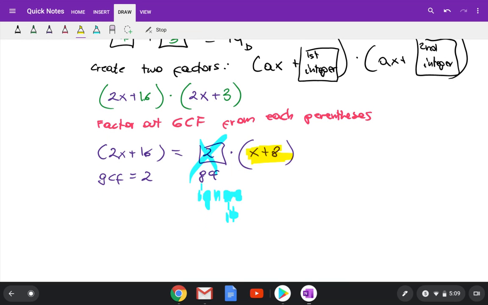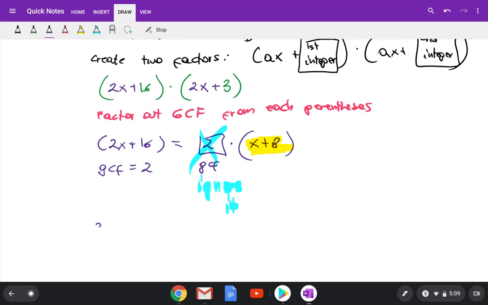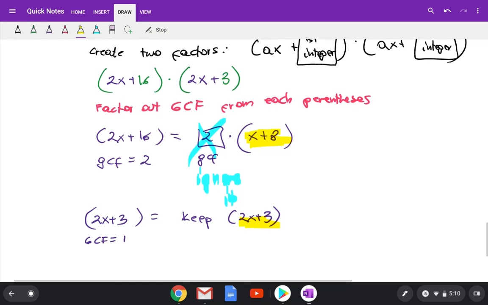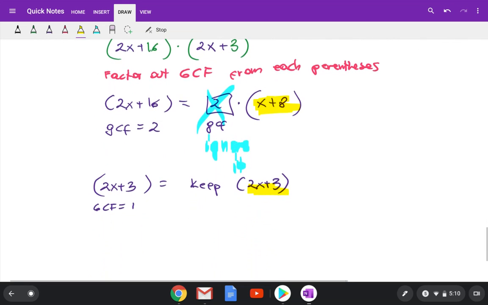So that's that algorithm. Next parenthesis, which is 2x plus 3. In this case, GCF is equal to 1. Since the GCF is equal to 1, we're going to keep the original parenthesis. So we keep the original parenthesis when the GCF is equal to 1. So, our final factors.